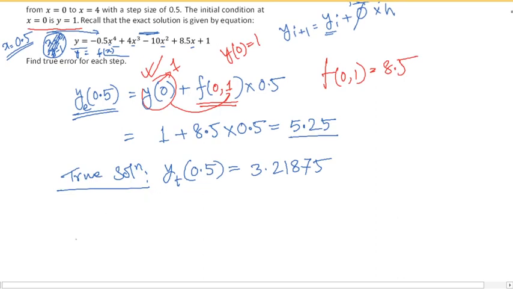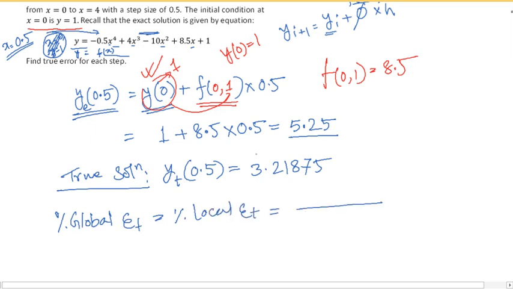Now in the very first case, as we have used the true value, with no initial Euler assumption value in the first step, the percent global true error will equal the percent local true error, which is, as we know, the true value minus the predicted value divided by the true value, multiplied by 100%.